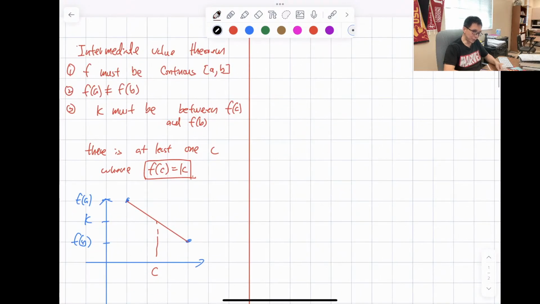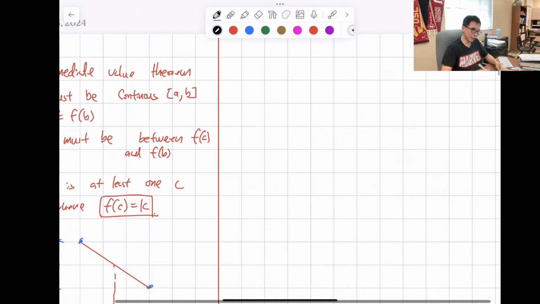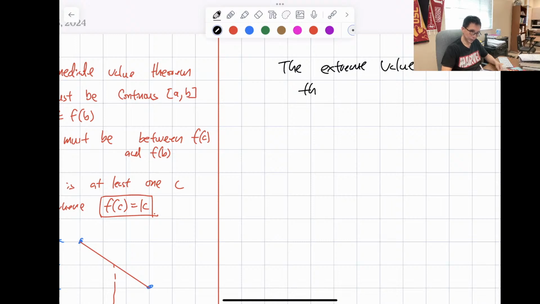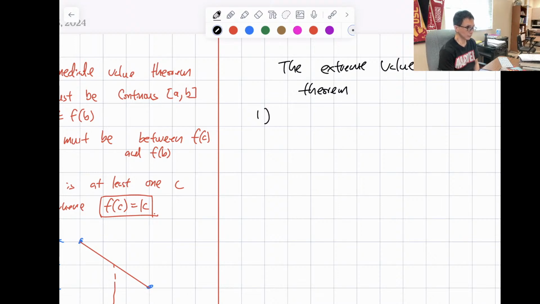And the second theorem that we talk about is the extreme value theorem. So one, f of x must be continuous.